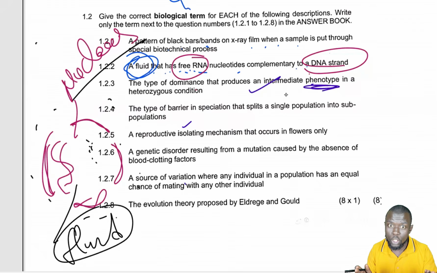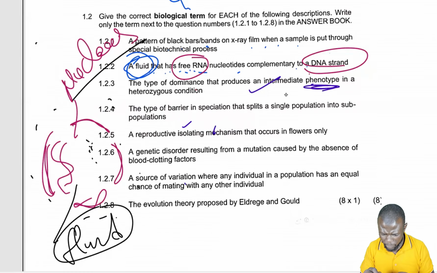There was one population of rats. The population is divided into two by a rock. So a rock becomes a geographical barrier, dividing this population of rats into two subpopulations. So how do you call a structure which splits this population into two subpopulations? We call it a geographical barrier.